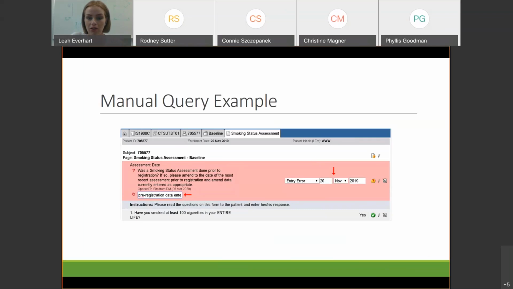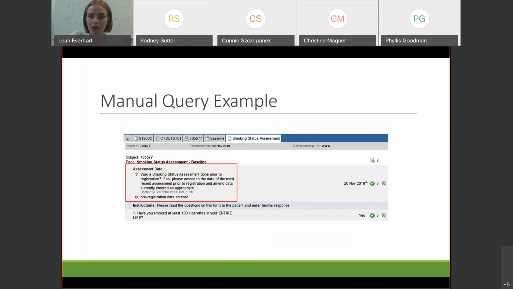Queries should not be closed until they've been addressed. And if you need any clarification on what is being asked in a query, the best thing to do is reach out to your data coordinator and avoid asking more questions in response to a query. Next slide, please.